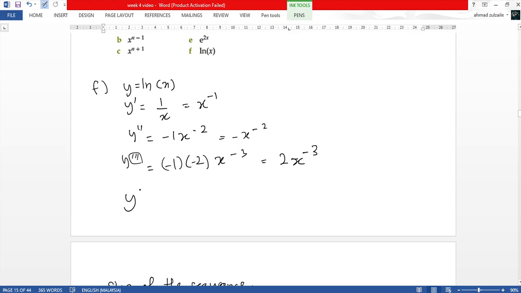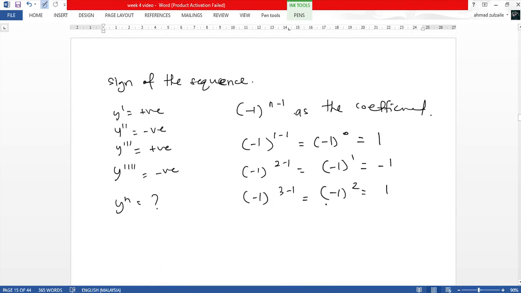When I have a derivative of 50, my last term would be 49, which is the minus 1 from the coefficient. So we have decided the coefficient for yn is negative 1 power of n minus 1, and then the number starts from 2, 3, and then stops at n minus 1.